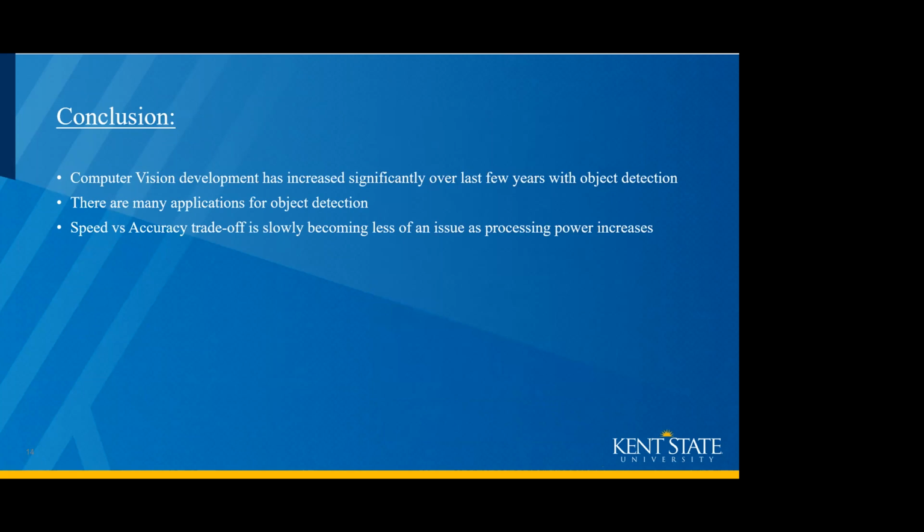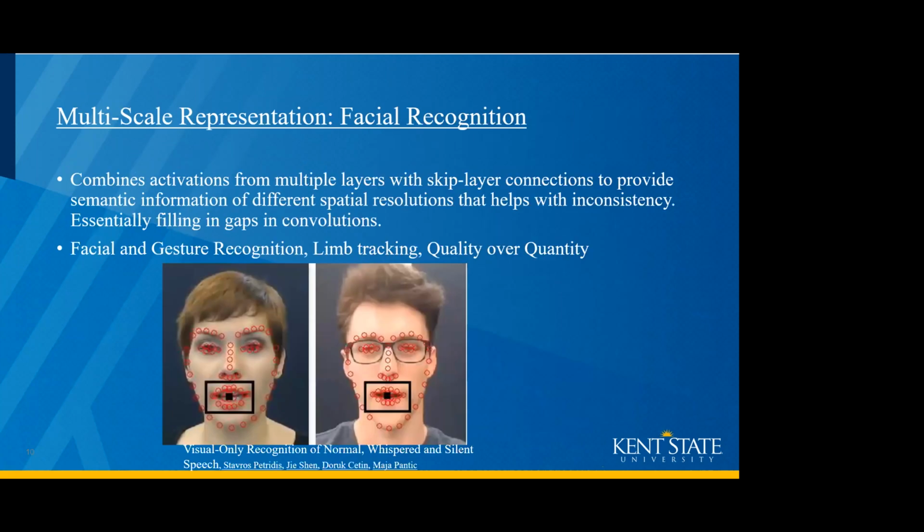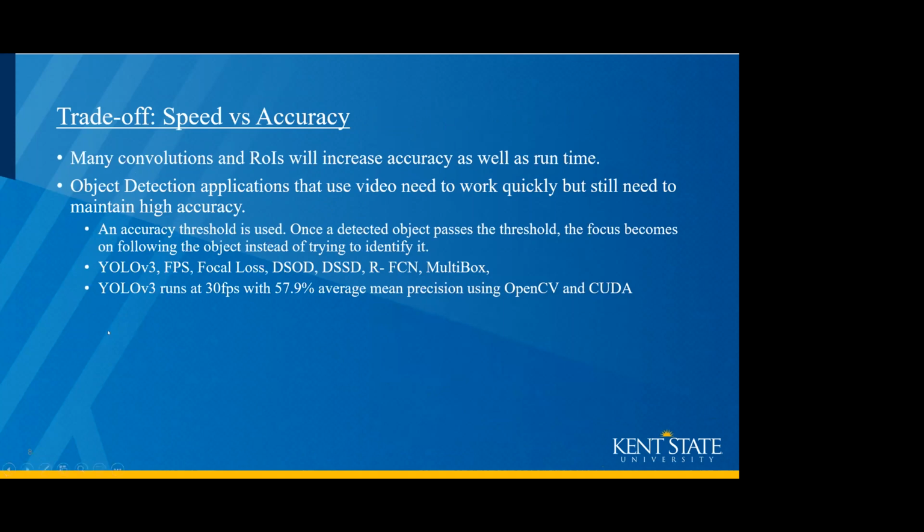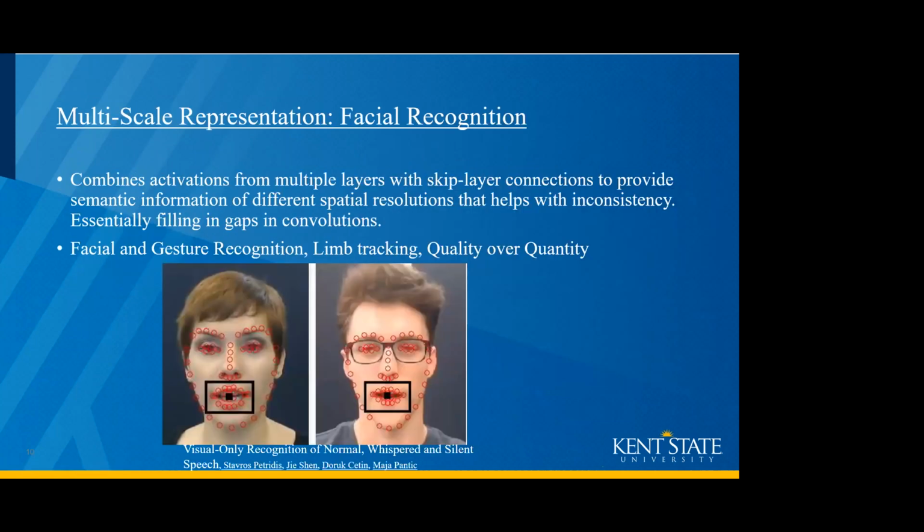So in conclusion, within the last 2 years, object detection has blown up significantly, and there are not many recent papers on it, but it is still constantly growing. One of the examples I actually want to go back to is YOLO v3. This was not even in the paper. This was very new, and 30 frames per second with 60% mean average precision was about the best it was able to get at that speed.